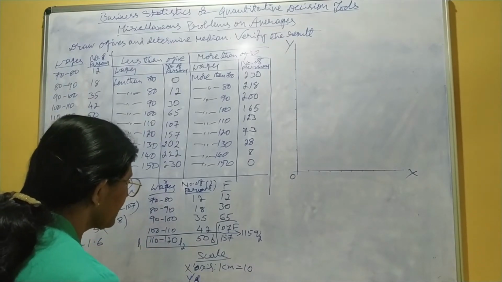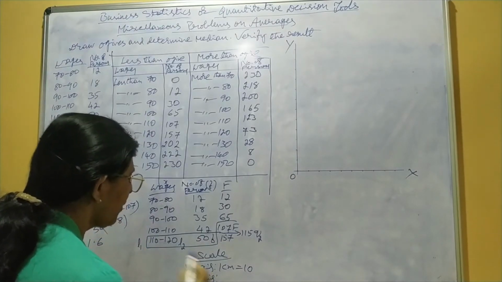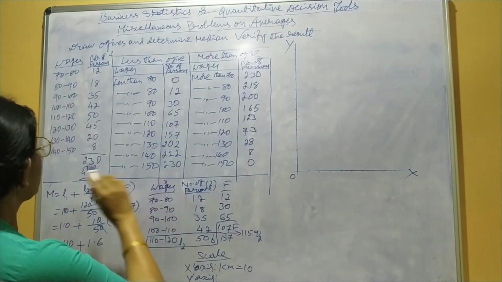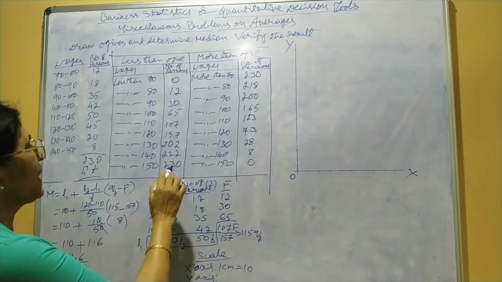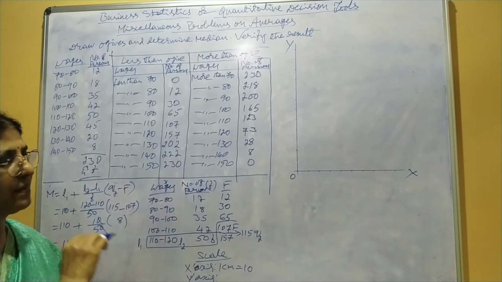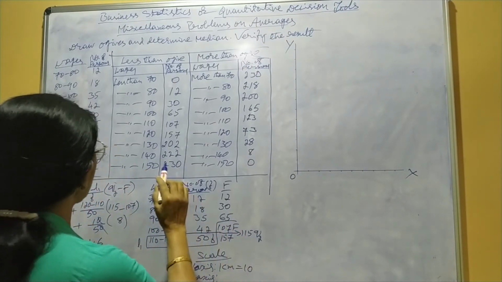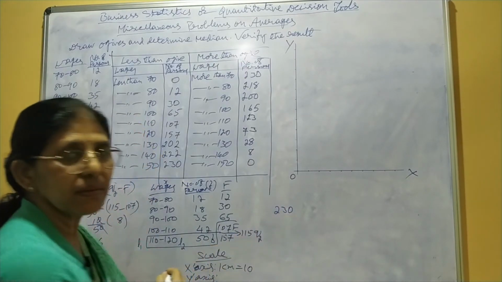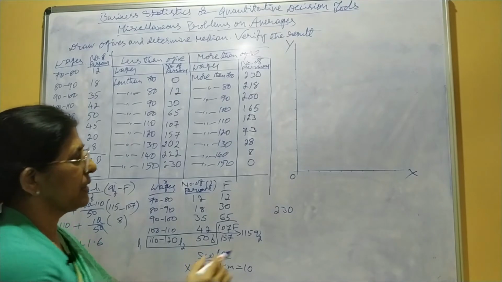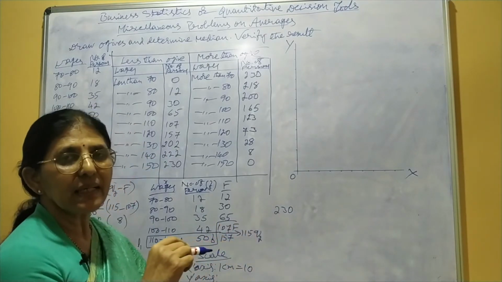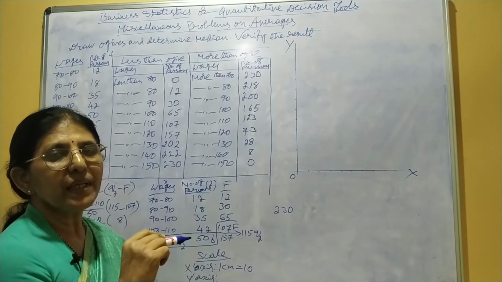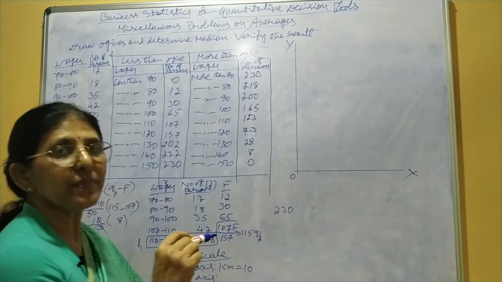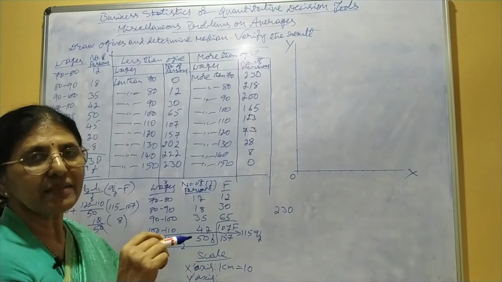Then the y-axis. For that, we have to decide the scale by considering sigma f, or the cumulative frequency of the last one. Sigma f is how much? 230. Here, by trial and error, applying common sense, we have to decide the scale, and also keep in mind the principles of classification.